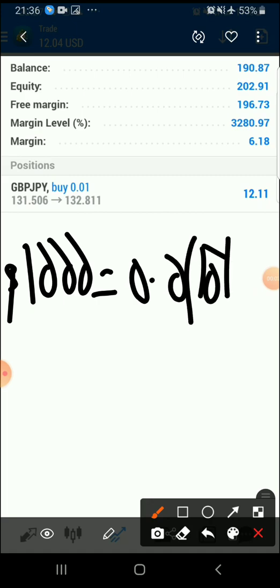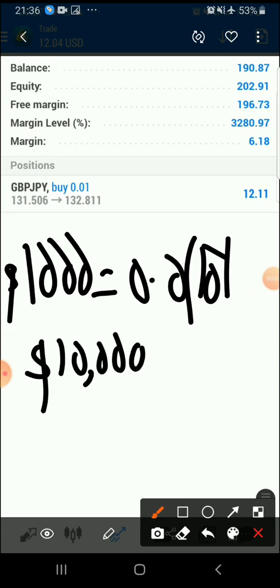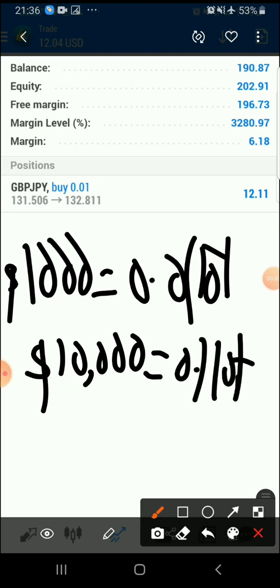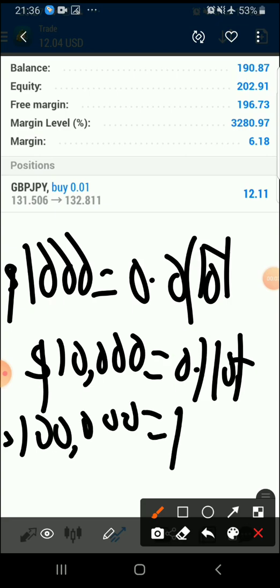Do you see that? $1,000 is known as 0.01 lot. It's also called the micro lot. You must have seen it in the videos. The next one is $10,000. You memorize this. Is equals to 0.1 lot. And we have $100,000, which is going to be one lot, one standard lot, or one full lot.